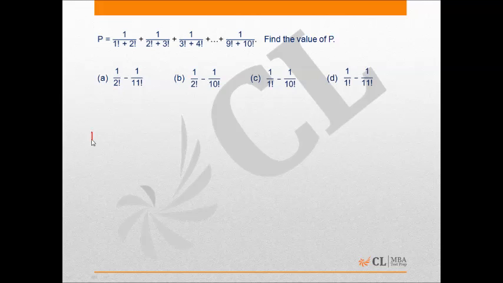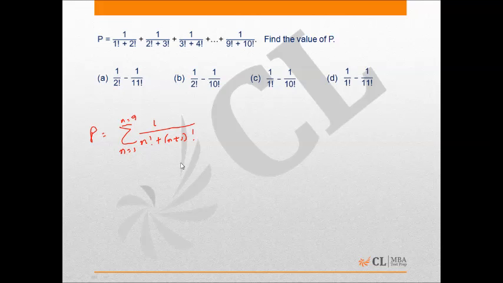So I can say that P is equal to nothing but summation of 1 upon n factorial plus n plus 1 factorial, where n ranges from 1 to 9.